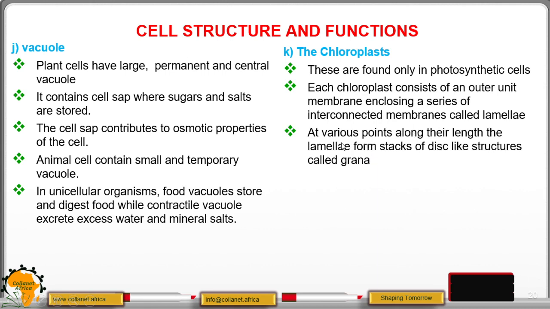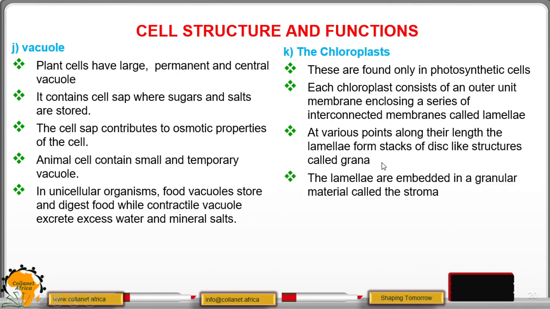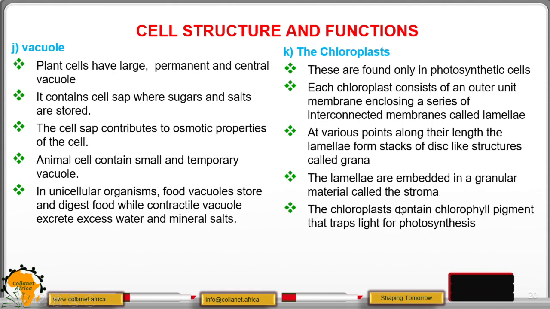So, at various points along their length, the lamella form stacks of discs called the grana, where light stage of photosynthesis takes place. So the lamella are suspended in the stroma. This stroma is the site for dark stage of photosynthesis. Chloroplasts have a green pigment that traps light for photosynthesis.